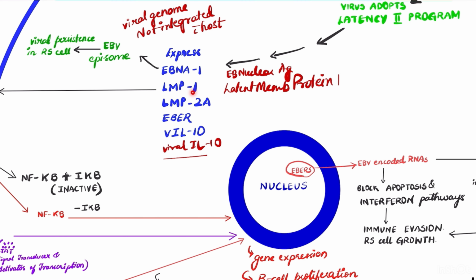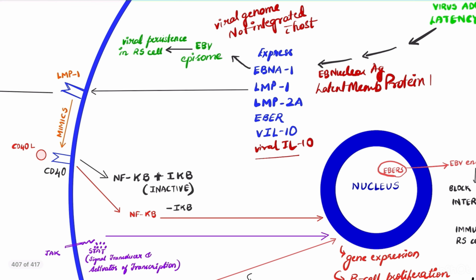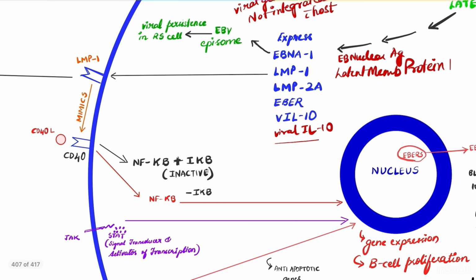Coming to LMP1, that is latent membrane protein 1, it is expressed onto the surface. This LMP1 will mimic the CD40 receptor. It mimics means it acts as if it is a CD40 receptor. This CD40 receptor is a normal cell surface receptor of a normal B cell.